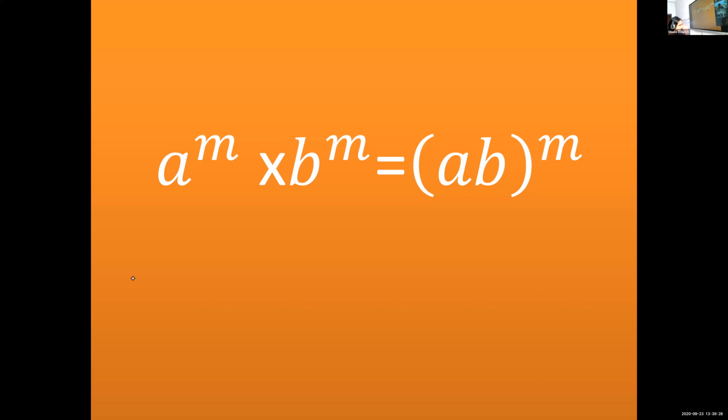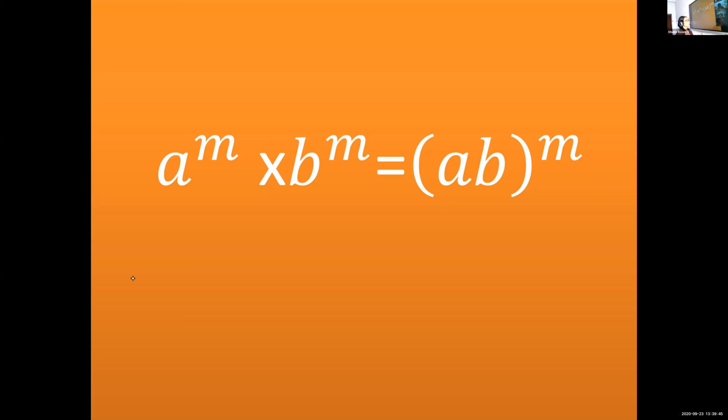Once again, I can't hear you properly. Read once again. a raised to m into b raised to m is equal to ab, the whole raised to m.